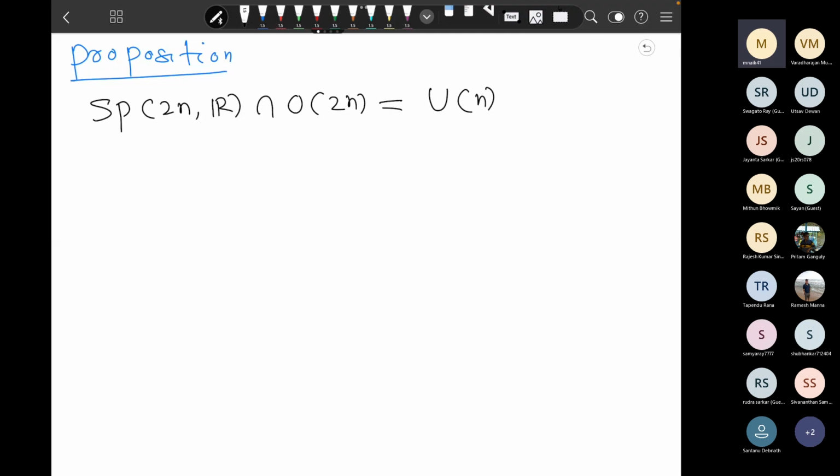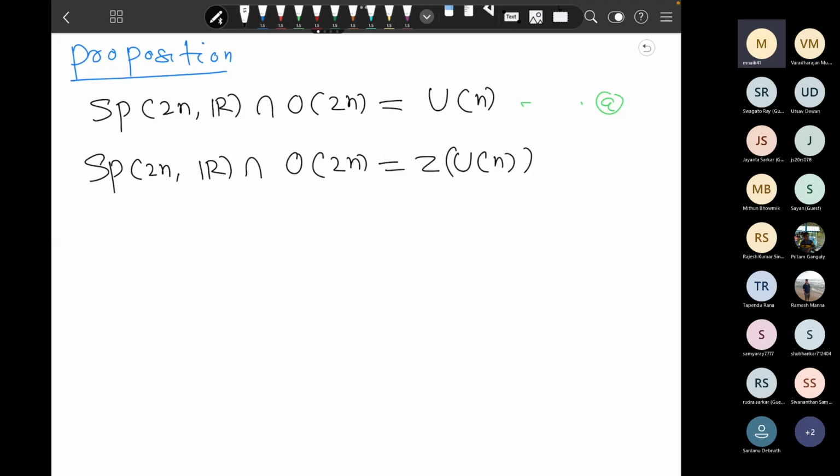I have told you that this doesn't have any meaning, because the left hand side is a 2n cross 2n matrix and the right hand side is an n cross n matrix, but we can give a meaning to it. So we call this A. The meaning of A is nothing but this thing: Sp2n(R) intersection O2n is isomorphic to Un. We'll prove this, A prime. So I will prove A prime.